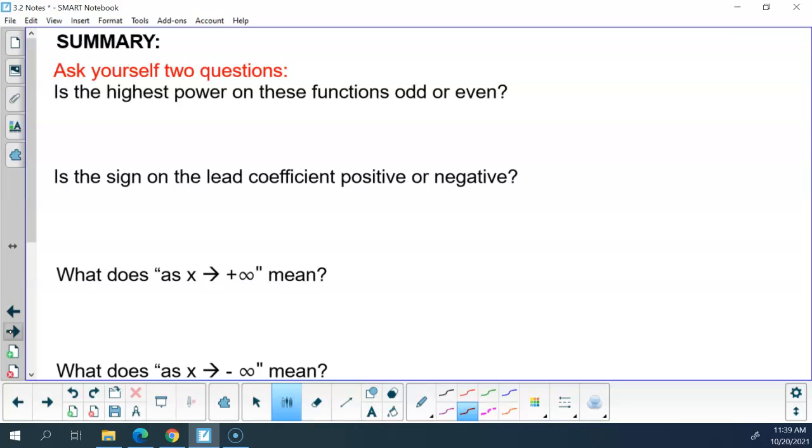If it's odd, the two sides go in opposite directions.